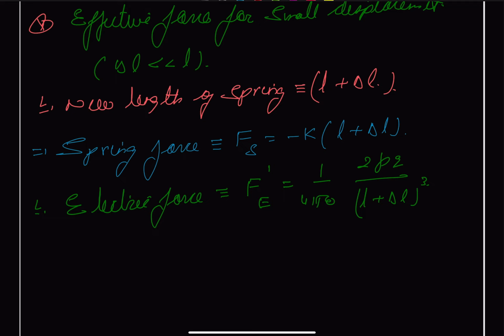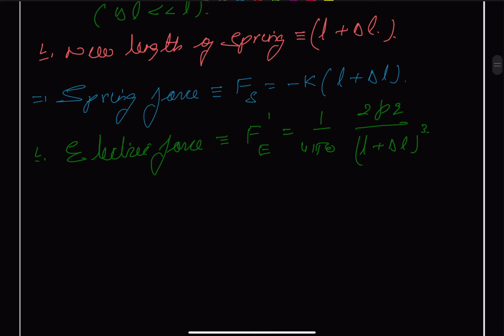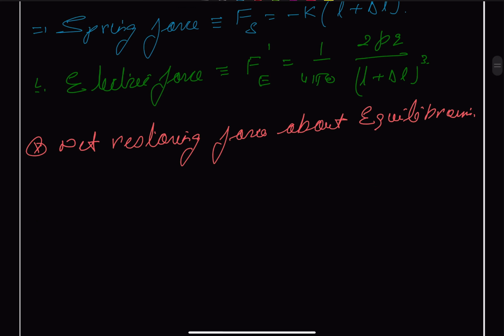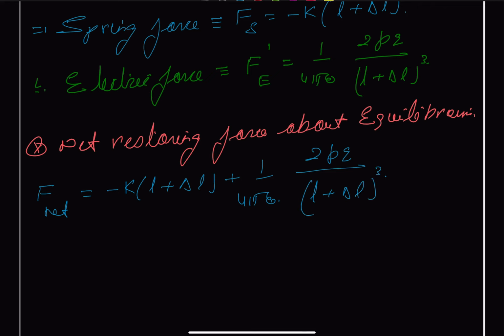So we can find out the net restoring force about equilibrium, and we can write this as F net will be equal to minus K (L plus delta L) plus 1 upon 4 pi epsilon naught times 2pq upon (L plus delta L) whole cube.